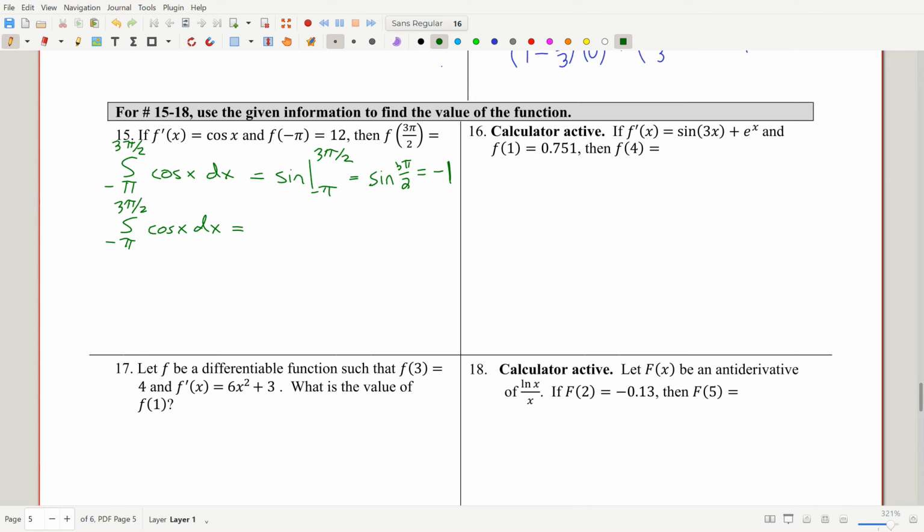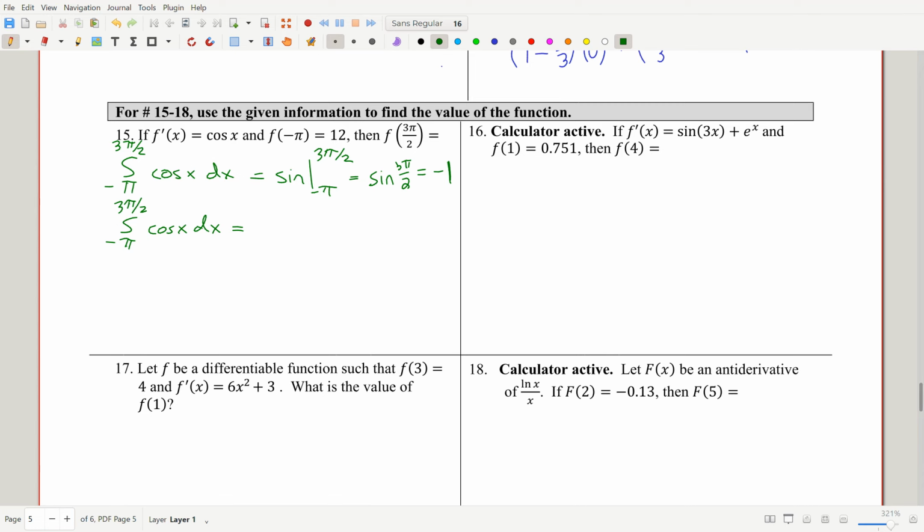This would all work as long as you stayed consistent. Because if you change those limits, you'd be writing things in a backward order. If you had done it the other way, you would have gotten a positive 1 here, and it would all still work out. But unless you have a better reason, the better way to write the integral is with the upper limit on top.